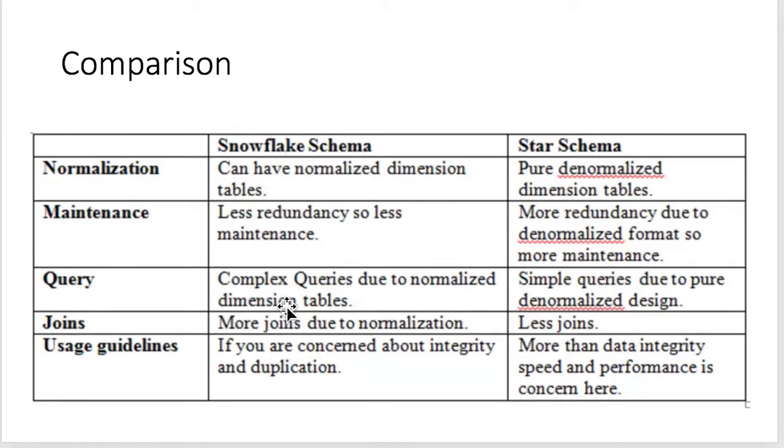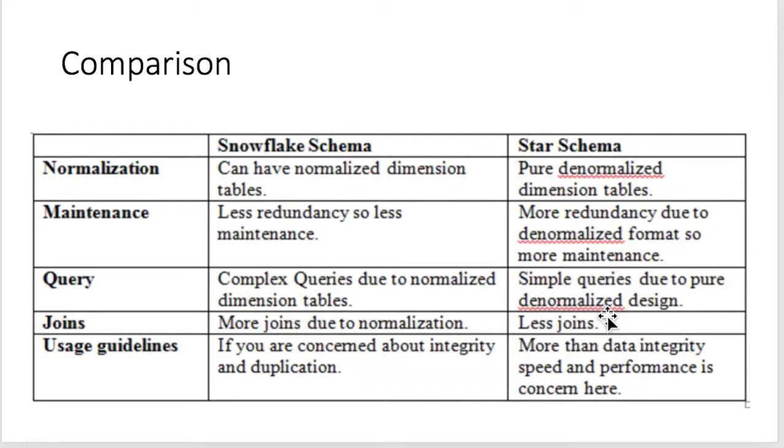And because the snowflake schema has normalization, it breaks the table into several different ones. So when you try to query some information from those tables, you need to write more complex queries and it needs more joins due to there are a lot of tables.